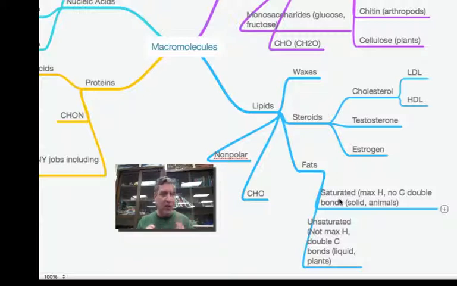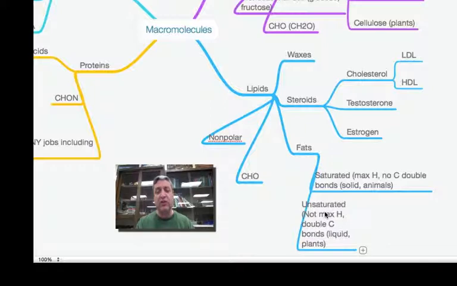So there's no kinking. Because of that, it's a solid at room temperature, and these usually come from animals. The only exception to that is coconut oil. Unsaturated fats do not hold the maximum number of hydrogens because they have double bonds. They're kinked up, so they don't get as close together, so you get liquids at room temperature, and they usually come from plants.